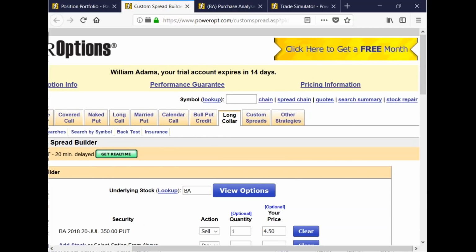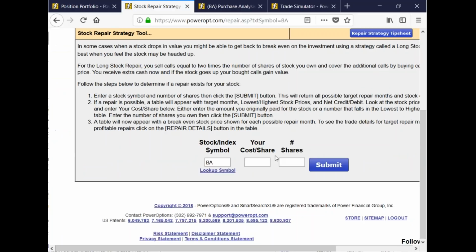One of our other signature tools, which you can access right up here at the top, is what we call the stock repair tool. What the stock repair tool does is you put in your symbol and you can put in your cost per share. Let's say I did get that $4 on Boeing. We sold the 350, so my cost basis would be 346. And let's say we just had 100 shares.